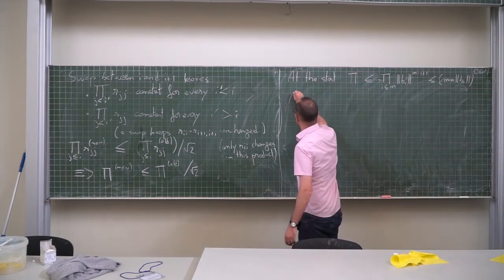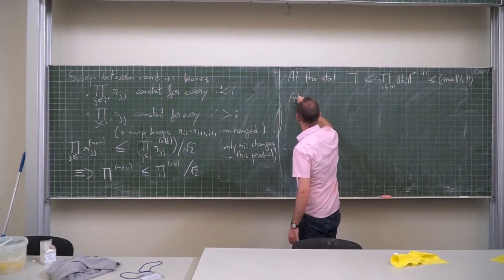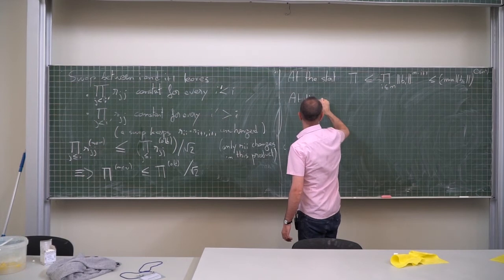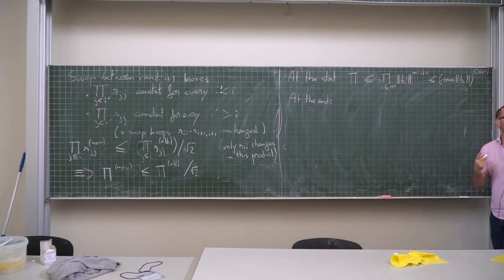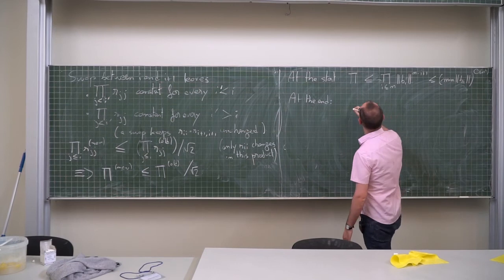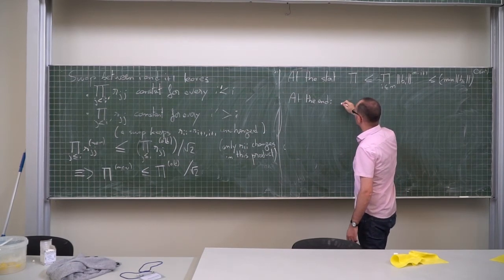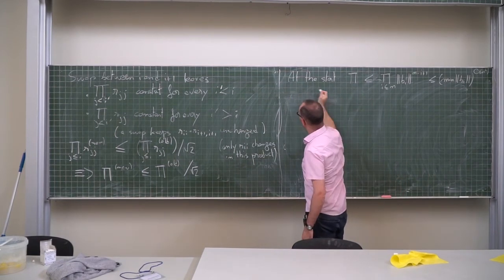Okay, at the end, what I'm claiming is that pi is always at least 1. So why is this? It's not only at the end, it's always.